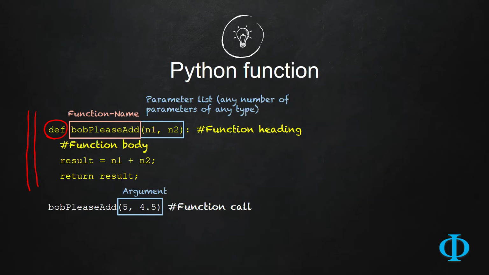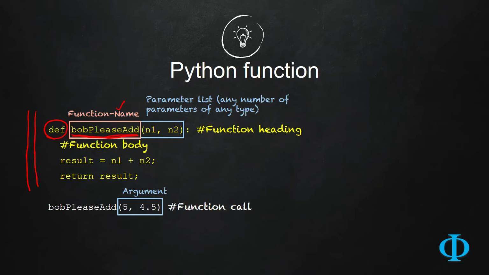After this def keyword, there are two different parts that you need to remember when you want to implement a Python function. The first part is a function name. In our case, it is simply Bob please add.